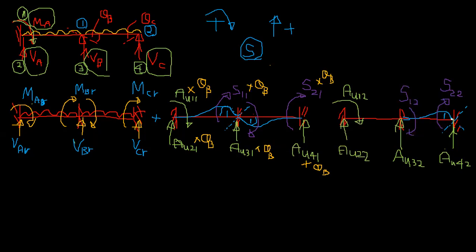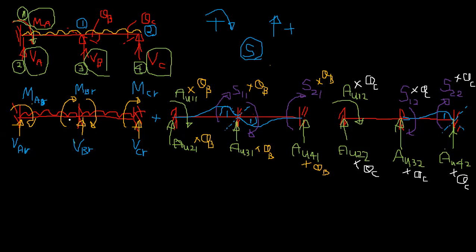At C. But the actual displacement is theta C. So that means I need to multiply it by theta C. Everything will be multiplied by theta C. Now it's okay, right?